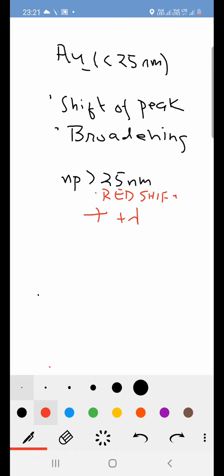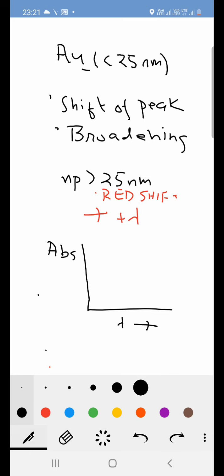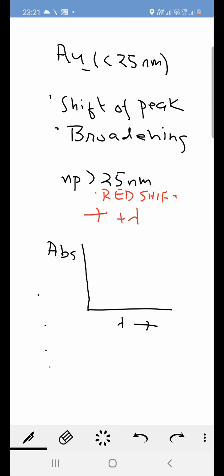If you plot the absorbance versus the wavelength, you get a plot like this for, say, 9 nanometer gold particles, and on increasing the size there is a small shift towards the higher wavelength, and also there is broadening.